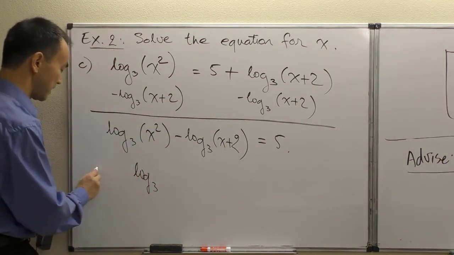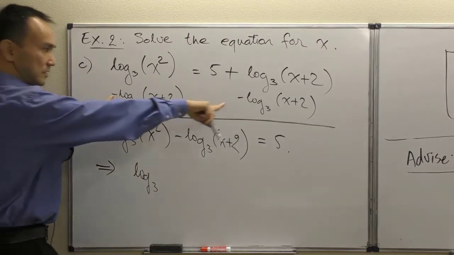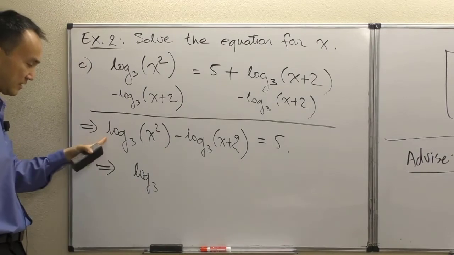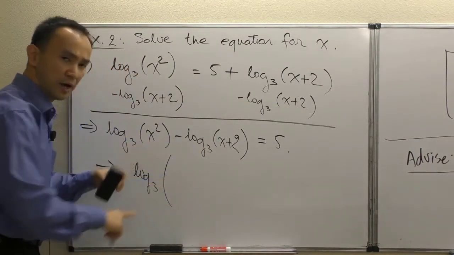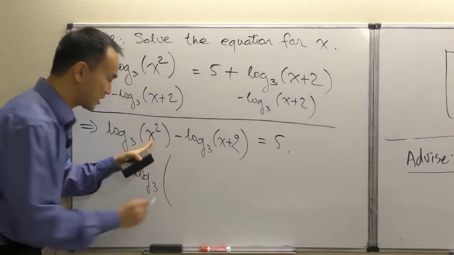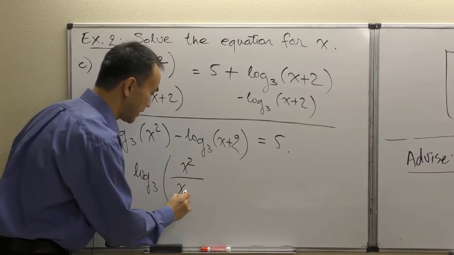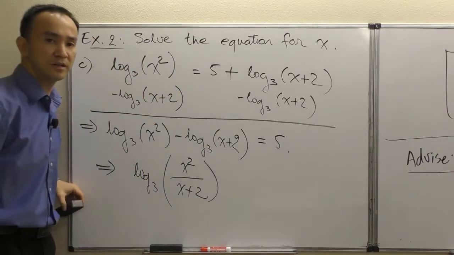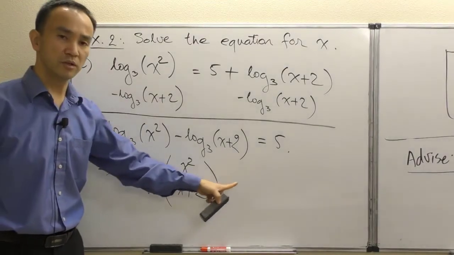This is just elementary stuff, and I could have skipped that step. The next step is combining these into a quotient. x squared goes in the numerator, and x plus 2 goes in the denominator. So x squared over x plus 2 equals 5.